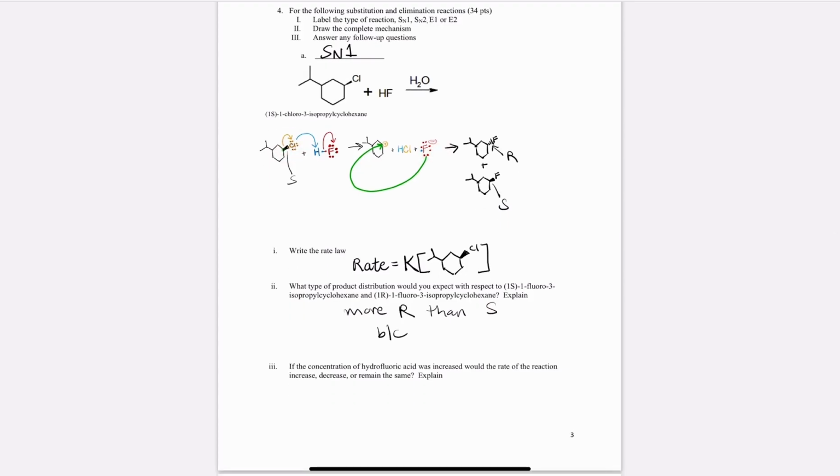So the reason you're getting more R than S is because the leaving group causes steric hindrance by still being close or nearby in proximity. So it basically causes the nucleophile, which is the HF, the fluorine, to attack from the back.